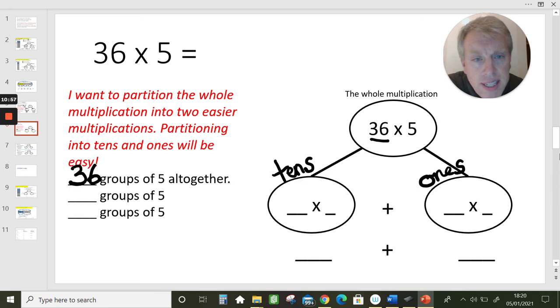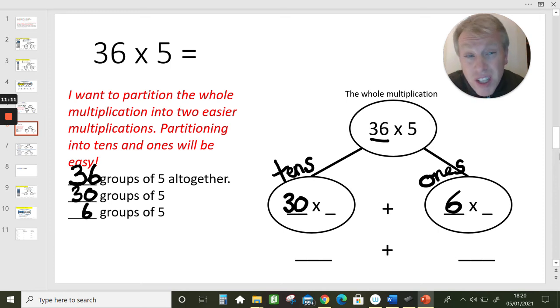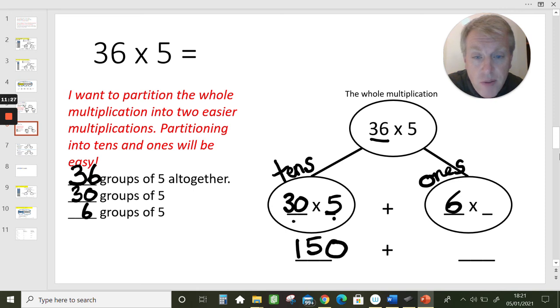So 36 is 30 and 6. So I'm breaking my 36 into 30 and 6. But not just 30 and 6, it's 30 groups of 5 and 6 groups of 5. 30 groups of 5, 30 times 5 is 150. 3 times 5, 15.